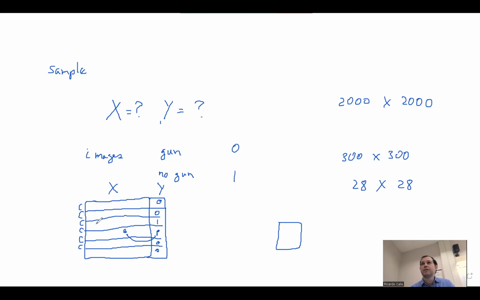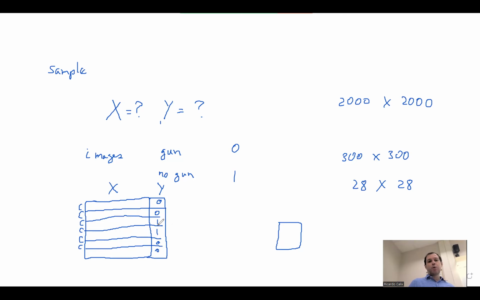What pattern do I see in the image that tells me there's a gun? These two have a pattern in the image that indicates there's a gun in it.